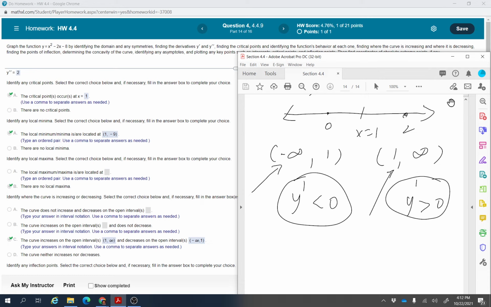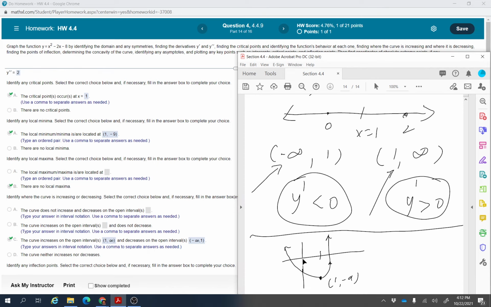Let's summarize the results here. At 1, the curve has a local minimum, so the curve should go up from here. So the curve should look like this, because we know the curve is concave up everywhere.